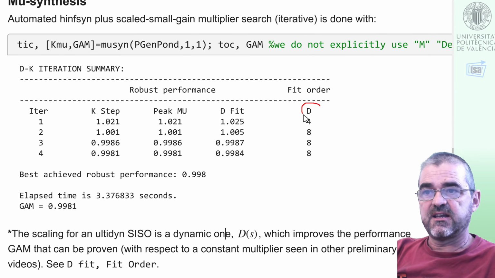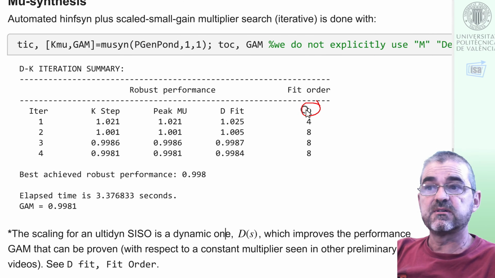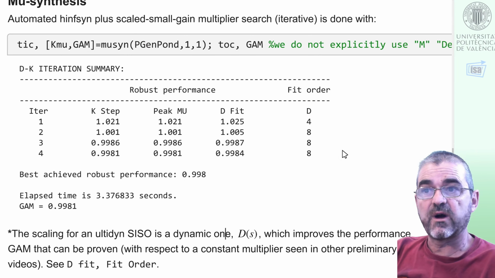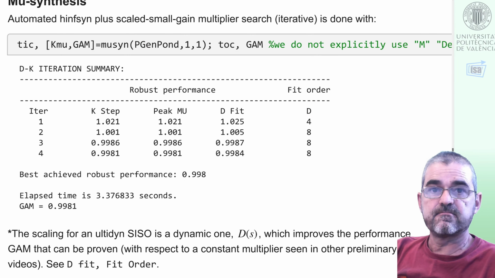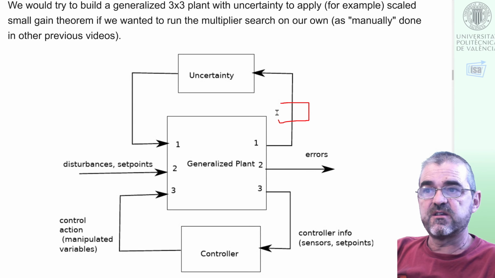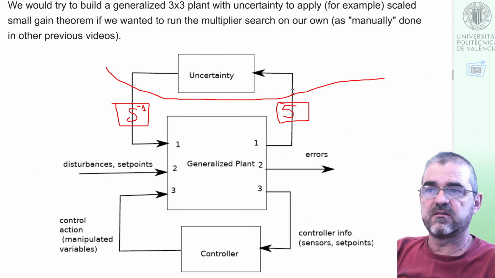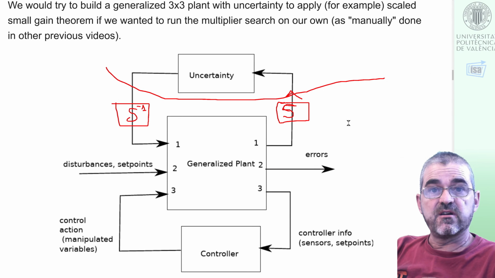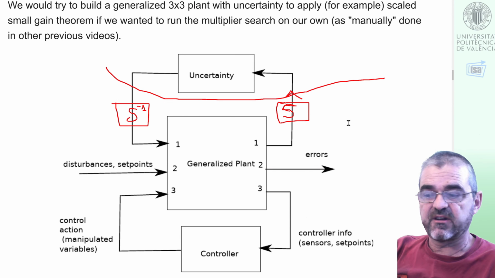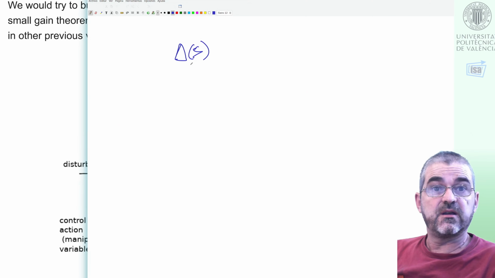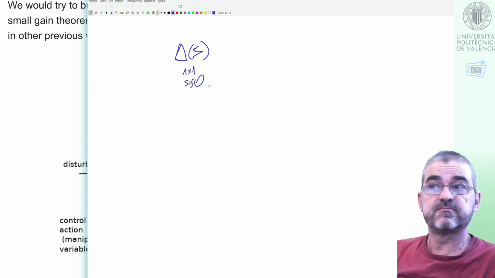The scaling here is called D, and importantly, it's a dynamic one. Why? In previous videos, we manually sought a constant weight here, but if the uncertainty is linear time invariant, then it has a transfer function, single input, single output.